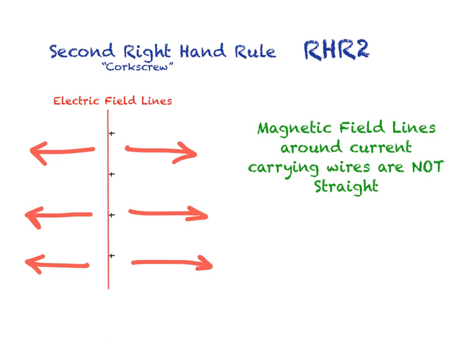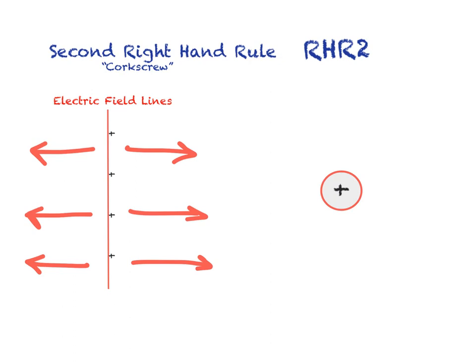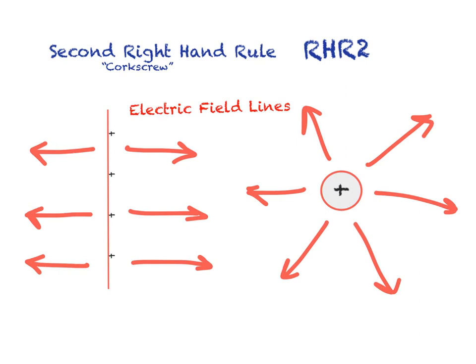Looking at it head-on, with the wire pointing into and out of the screen, whether the charge is moving or not, the electric field is pointing outwards. At the time, the finding that the magnetic field lines were curved was a huge point of tension between Michael Faraday and the scientists of the time. They laughed at him and ridiculed him for thinking that field lines could curve in such a way.